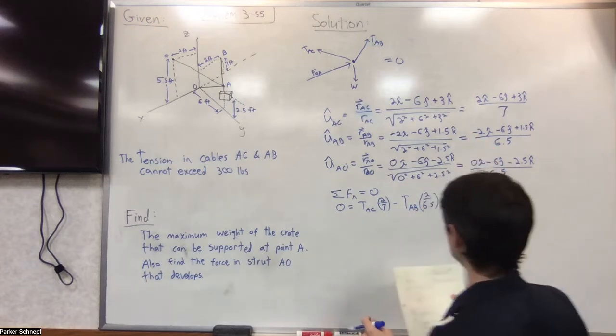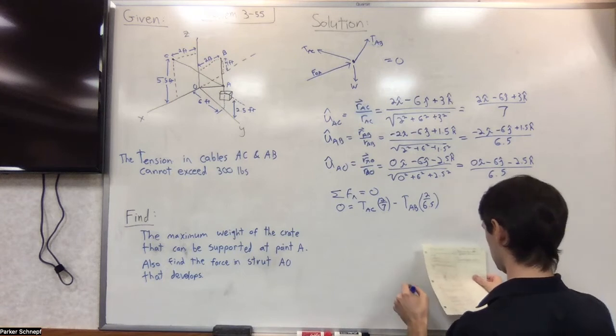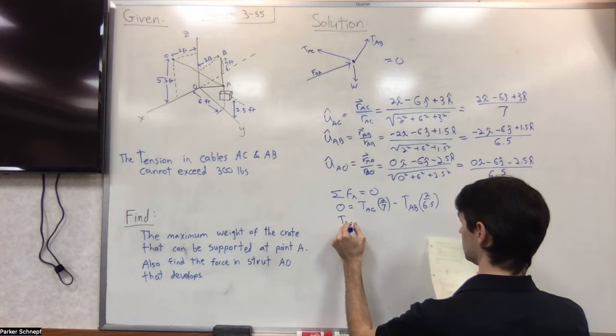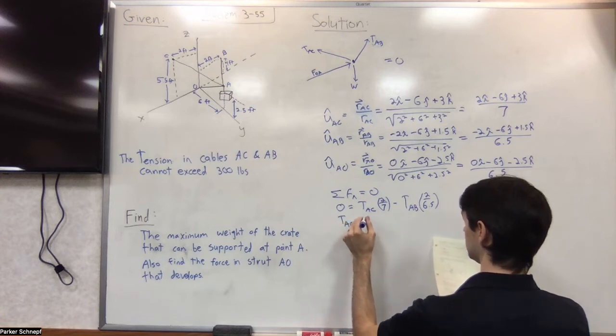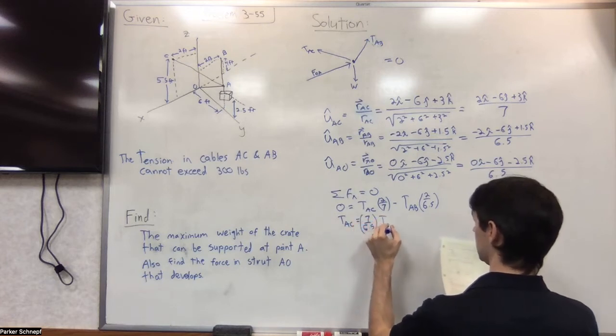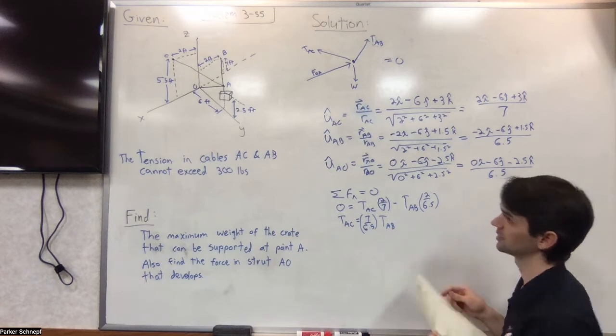Got that. And so if I do a little bit of rearranging, I get that TAC is equal to 7 divided by 6.5 TAB. Okay, so what does this tell me?